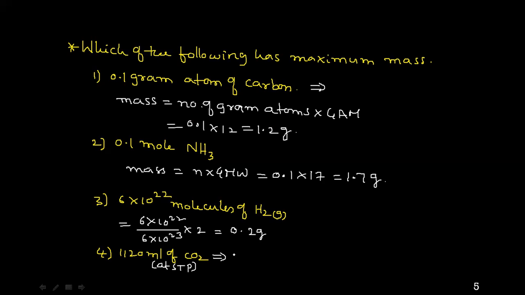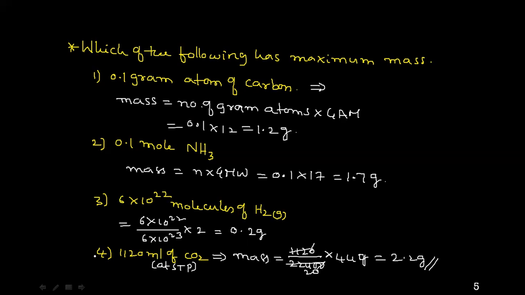So in this also, mass is equal to the number of moles, given volume is 1120 divided by molar volume 22,400, and molar mass of CO2 is how much? 44 grams. So this will be 20 times. It's nothing but 2.2 grams, which is having the maximum mass now.